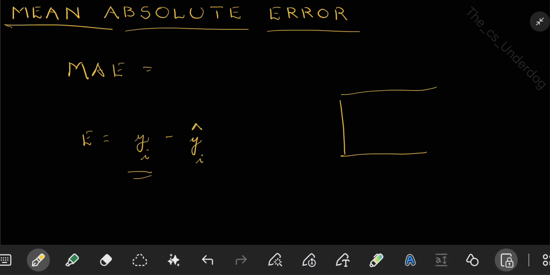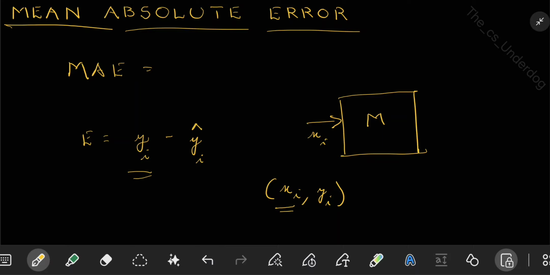When you have a model, let us say this is your model. Through this model, if you pass an input, xi is your input. Let us say you have a pair xi, yi, where xi is the input and yi is the expected output. What will your model do? Your model will take xi as the input and it will produce an output called yi cap.